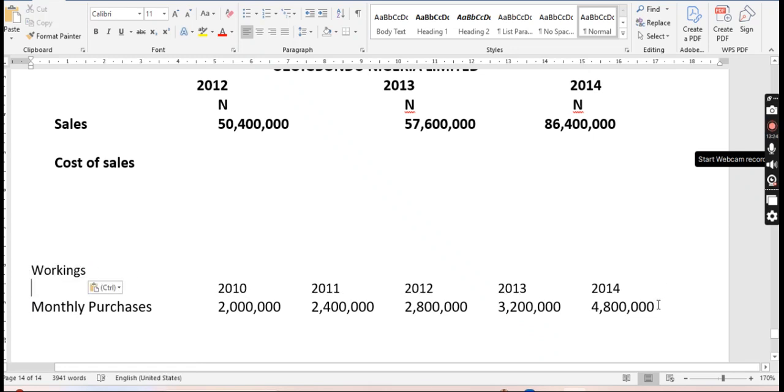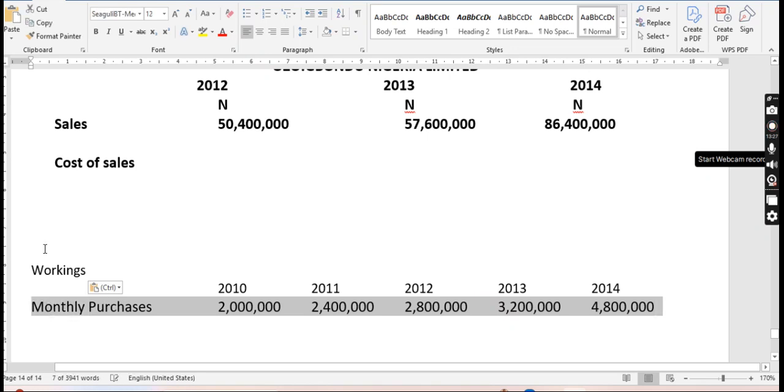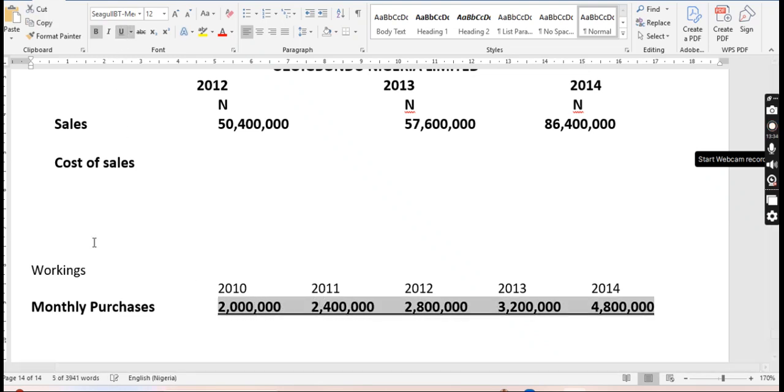Okay. So if this is your monthly sales, and 30% will be for the closing inventory, what is 30% of this? 600,000. Next, 720,000.